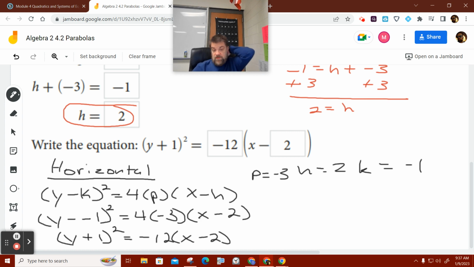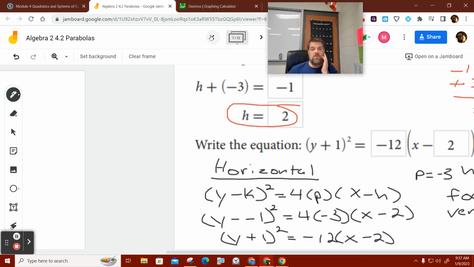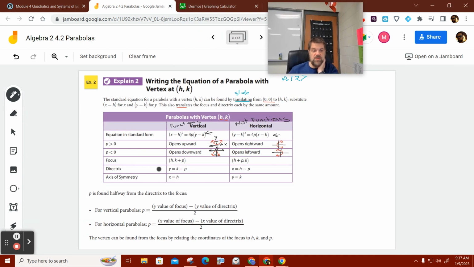So that's the formula. Now the focus they gave to us, so we know what the focus is. We know that that is -1, comma, -1. We know that the vertex, and this is based on this table of values, so I've got the table of values right here, the vertex is just h comma k, and then the line of symmetry is y equals k.